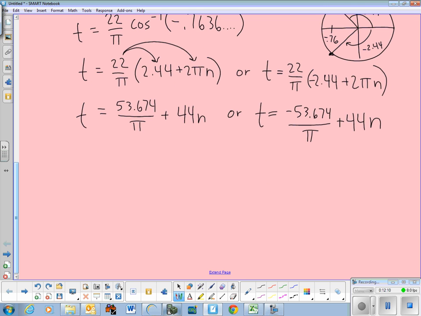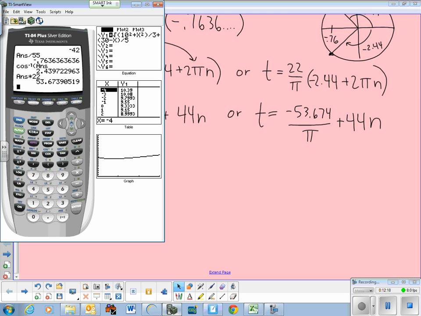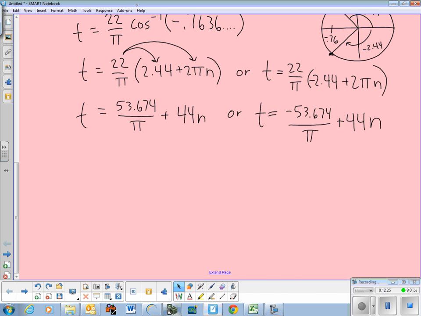So this one, I'm going to take my 53.674 divided by pi and see what I get. Divide that by pi, and I get 17.08 plus 44n.